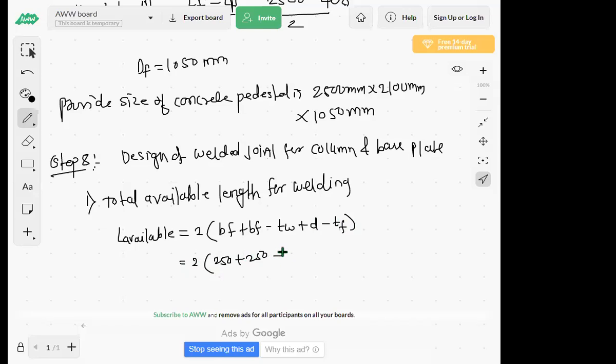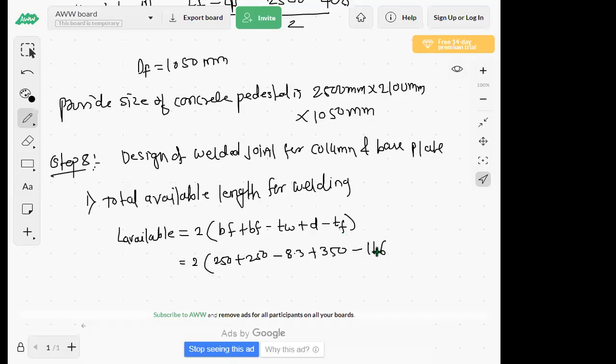Please go to steel table. I think 8.3 is there, plus depth of section is 350 minus thickness of flange is 11.6.